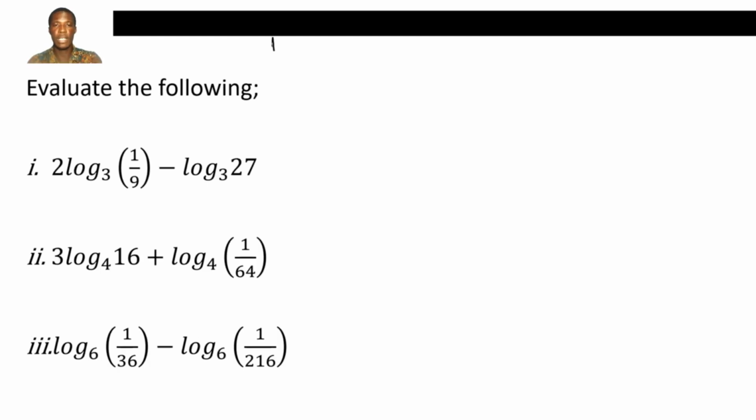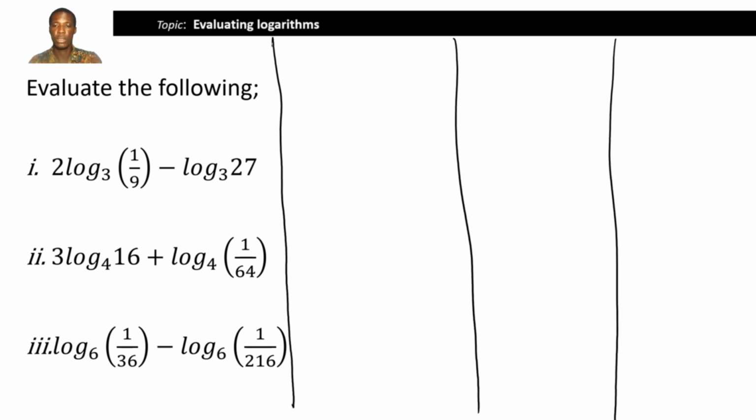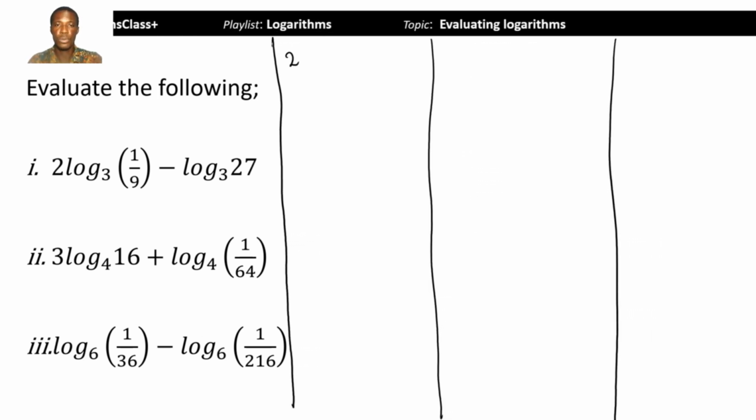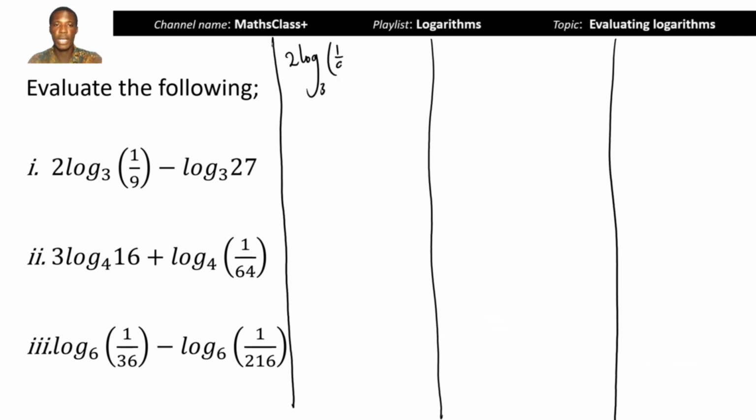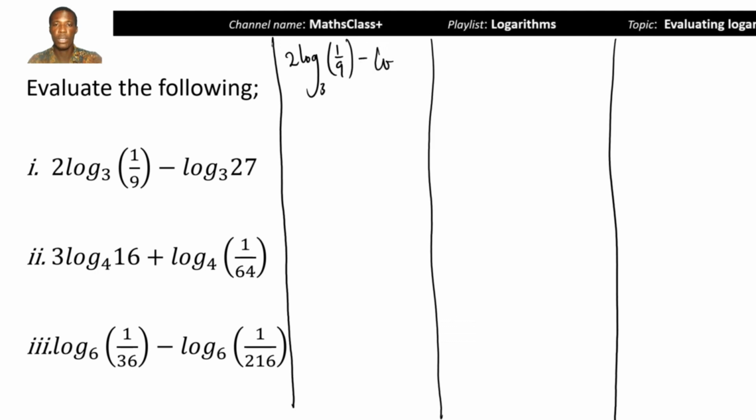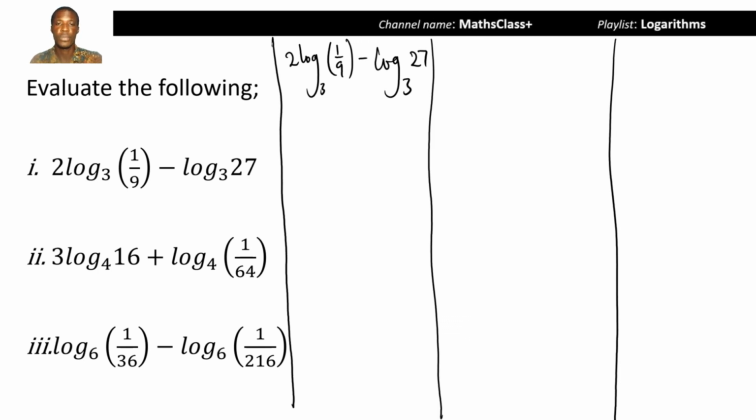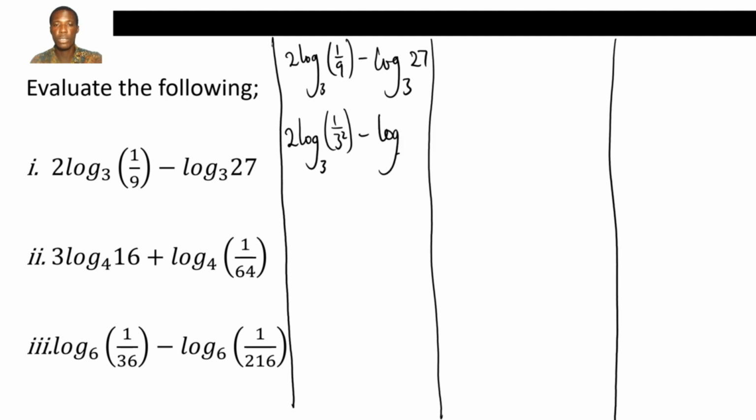Our next set of examples, the first one we have 2 log to the base 3 of 1 over 9 minus log to the base 3 of 27. Now this gives us 2 log of 1 over 3 to the power 2 to the base 3 minus log to the base 3 of 3 to the power 3.